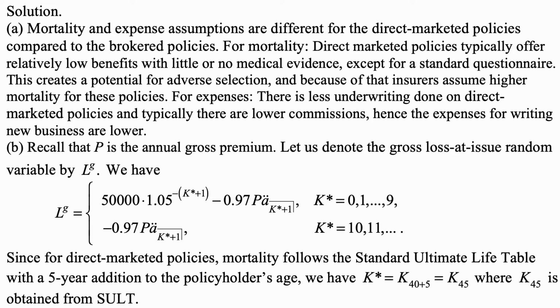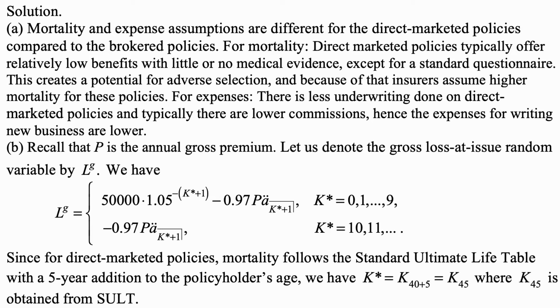Adverse selection is the situation where the people who select to buy from you are bad risks, because you make it possible for them by not having the medical evidence. And because of that, insurers assume higher mortality for these policies.